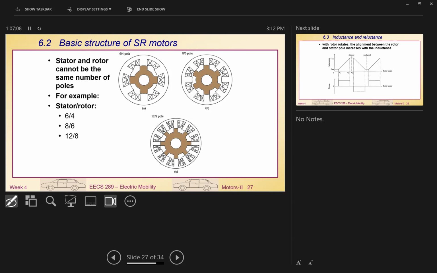So there's a special pattern between stator and rotor. The pole numbers cannot be equal. If equal, once they line up, they can never rotate. So we must make the number of poles in the stator and rotor not equal, so they can continue to rotate. Otherwise, with 4 by 4, they line up here and you cannot rotate forever because of the alignment. If they never reach 100% alignment, then we can continue to energize particular windings to force the motor to rotate continuously.